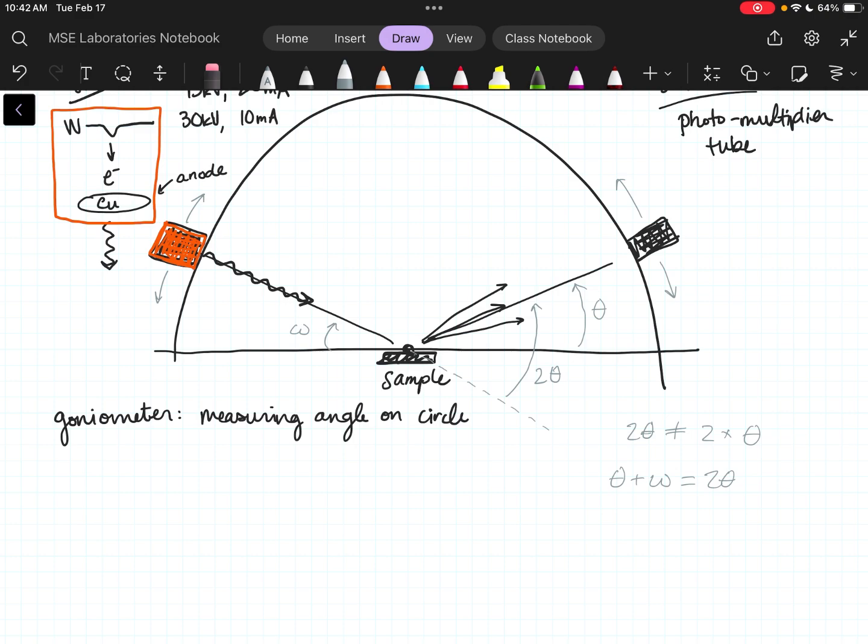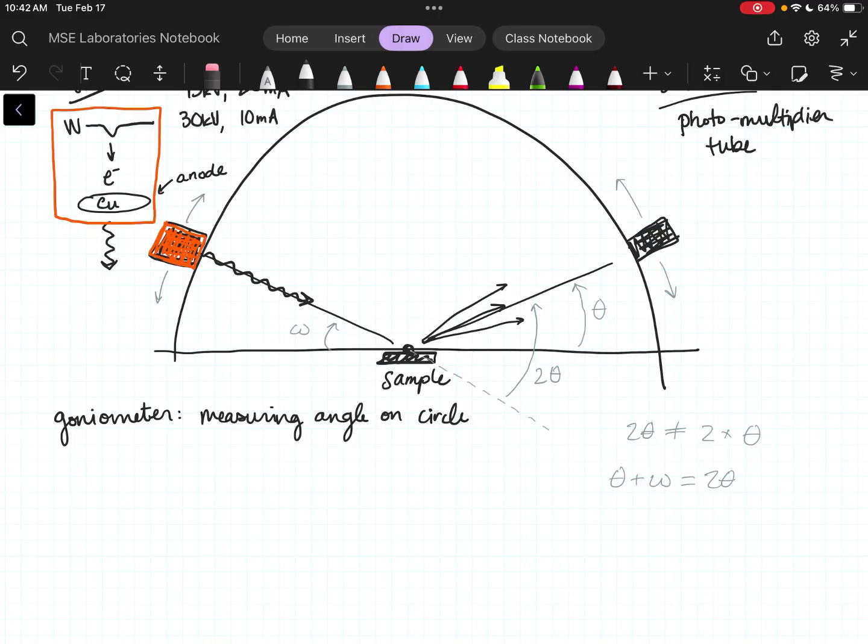But theta plus omega equals 2 theta. That one is always true. Yeah? Confusing enough?